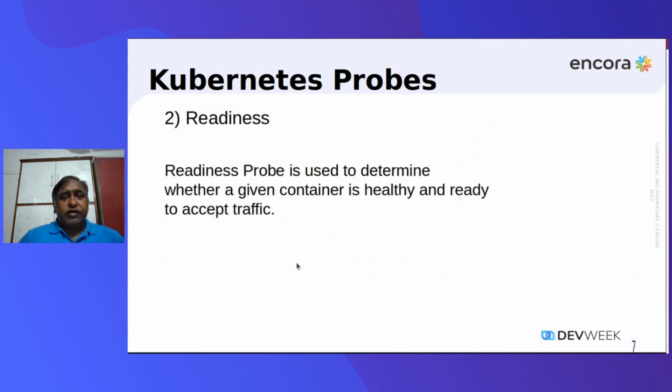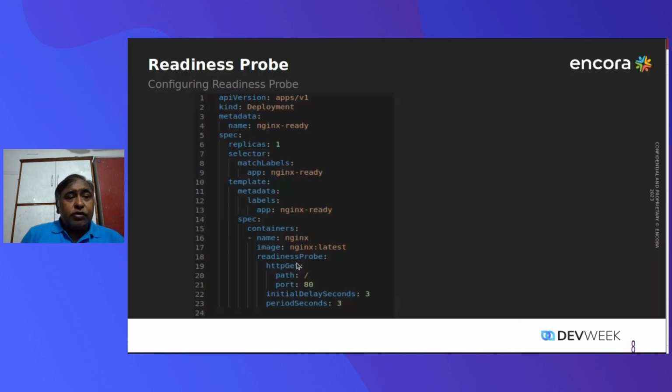So this way we can make sure that the request comes to the container only when the readiness probe is true. To configure the readiness probe, we have to use the readinessProbe value inside the spec section.